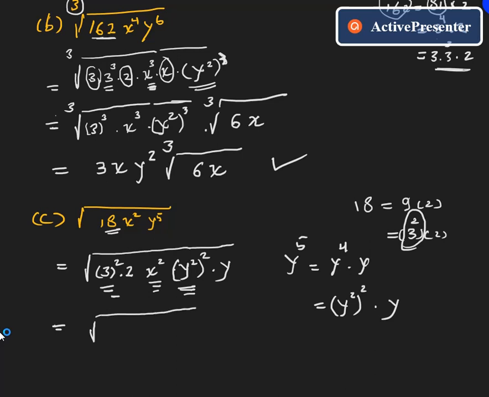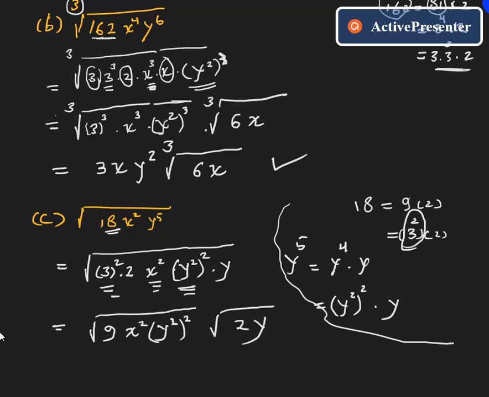We have 9, okay, multiplied in x square multiplied in y square to the power 2, okay, multiplied also into those who cannot be eliminated, which are the 2 and y, okay, so 2y. Then this is equal to 9.